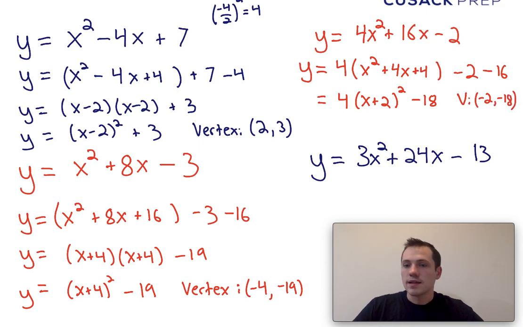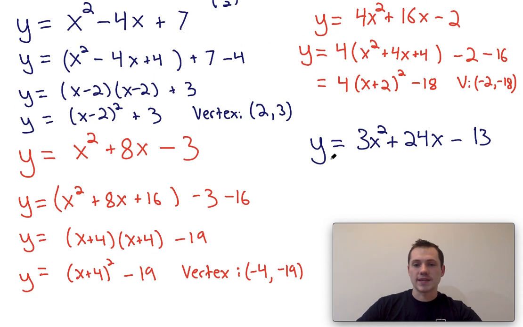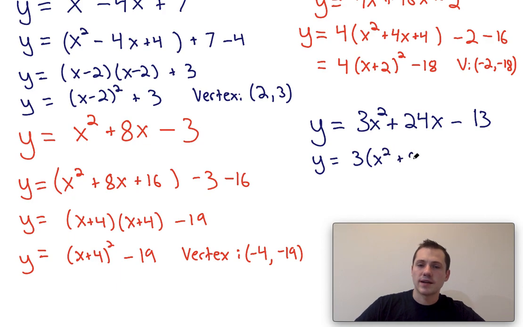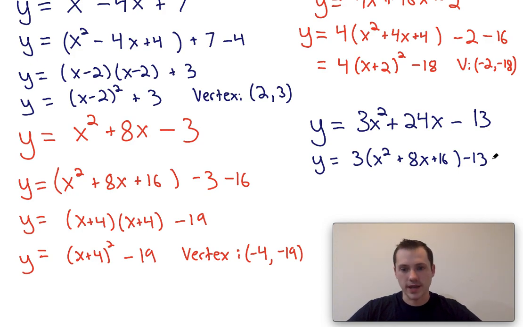All right, great. Let's go ahead and pause the video and give this problem a shot. Once you've tried it, go ahead and resume. So we factor 3 out, and I'm left with x squared plus 8x, with a little space, minus 13. 8 divided by 2 is 4, and 4 squared is 16, so I add 16 in here. But remember, I'm really adding 3 times 16, so that's plus 48.